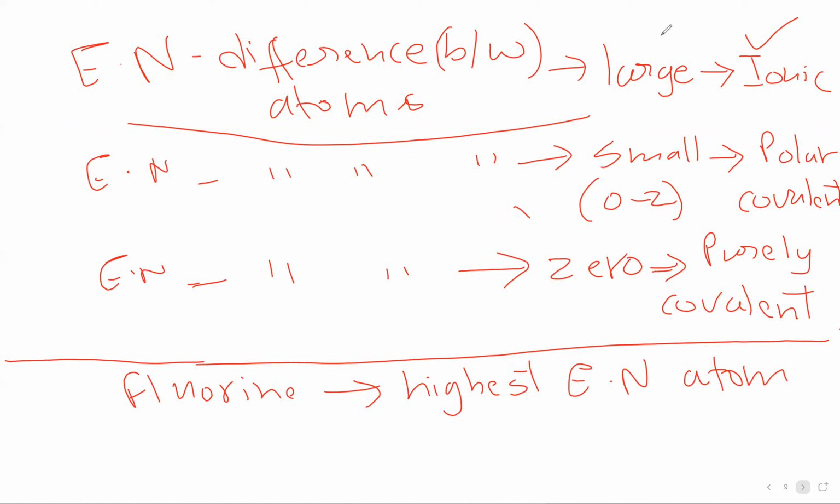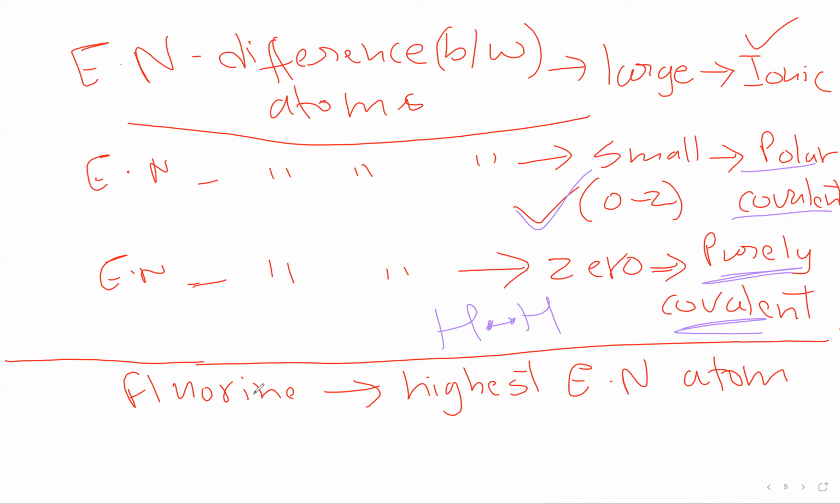And if the electronegativity difference is between 0 and 2, that means it's a polar covalent bond. And if it is 0, like hydrogen and hydrogen, because they are equally pulled towards each other and they are the same elements, then it is purely covalent.